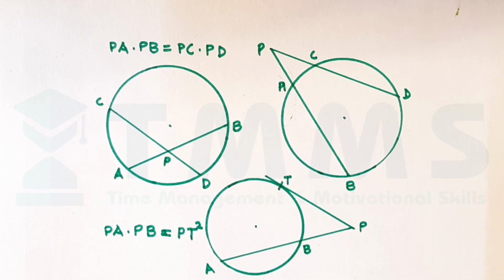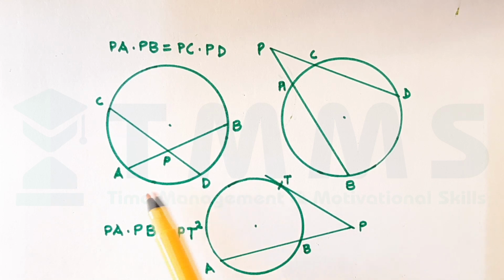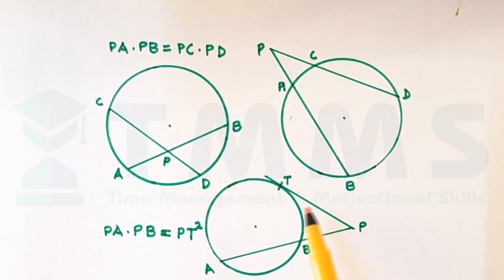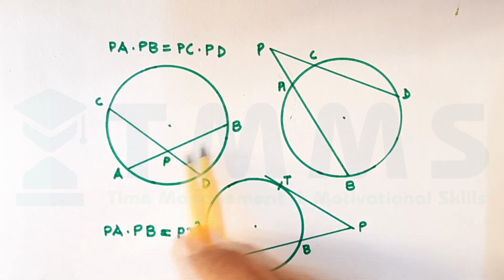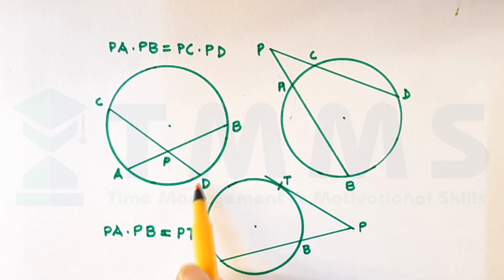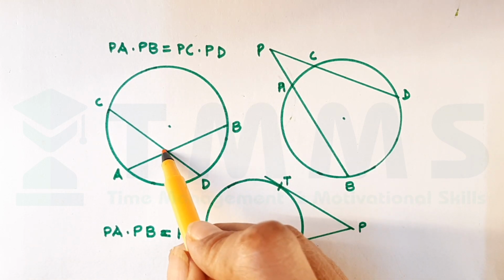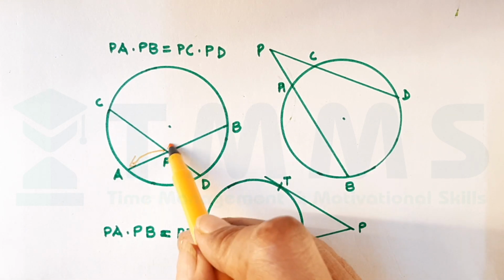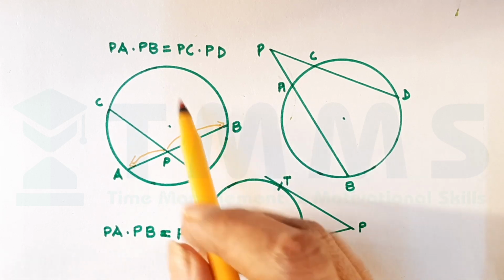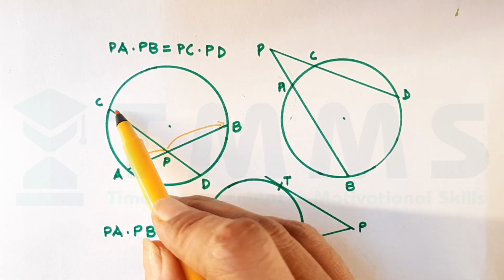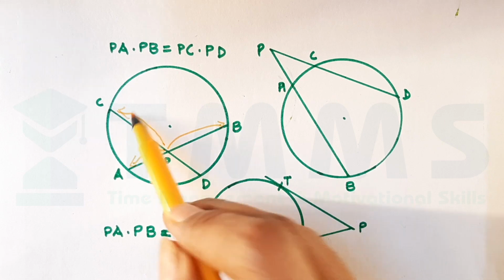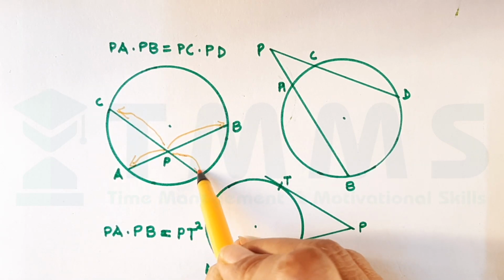Now, apart from those theorems, we also have the chord properties and also the tangent and secant property. If we have two chords AB and CD, they intersect at P, then the segments formed will be PA into PB equal to PC into PD.